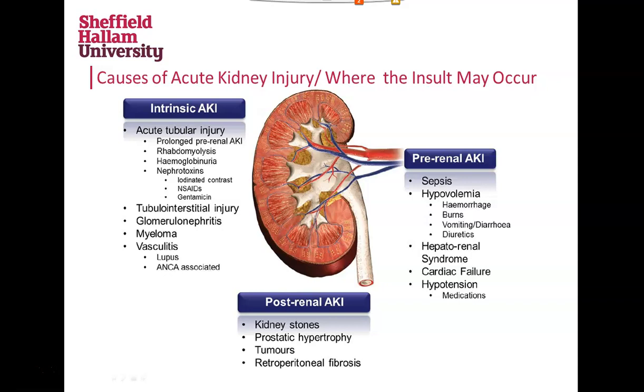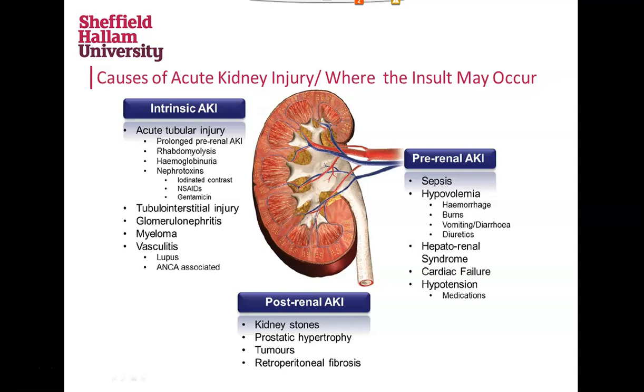Okay, we've got hemoglobinuria, which is the blood molecules, again causing blockages within the kidney unit. We've got nephrotoxins being used. We mentioned before about non-steroidals, for example, that can cause actual damage to the nephrons themselves.